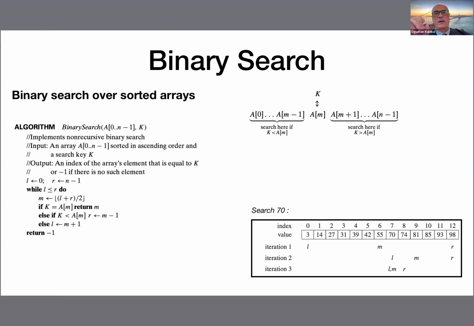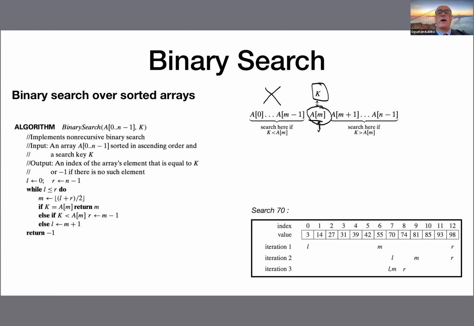scanning the array, since everything is sorted, I can go to the middle of this array and check whether the key I'm looking for is equal to this middle element or not. If my key is greater than this middle element, then I know I don't need to investigate anything on the left, because these are all less than A_m, which I know my key is greater than.